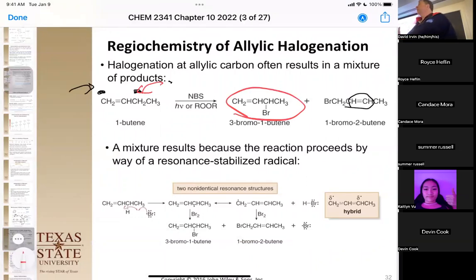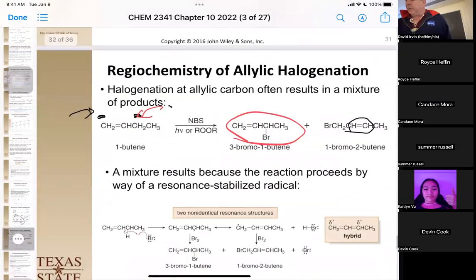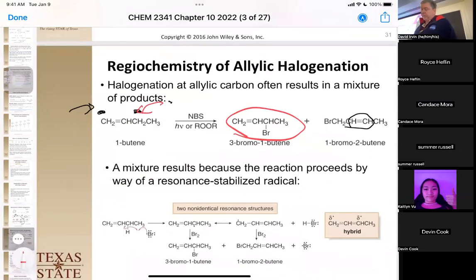Okay, so you do have regiochemistry, but look at what clever thing we did up here. Up here, it doesn't matter whether it attacks this side or this side, it's going to give the same product. So we actually use the symmetry of the molecule to generate only one product, where this unsymmetrical product here generates two products. Now, which one do you think is going to be the major isomer?